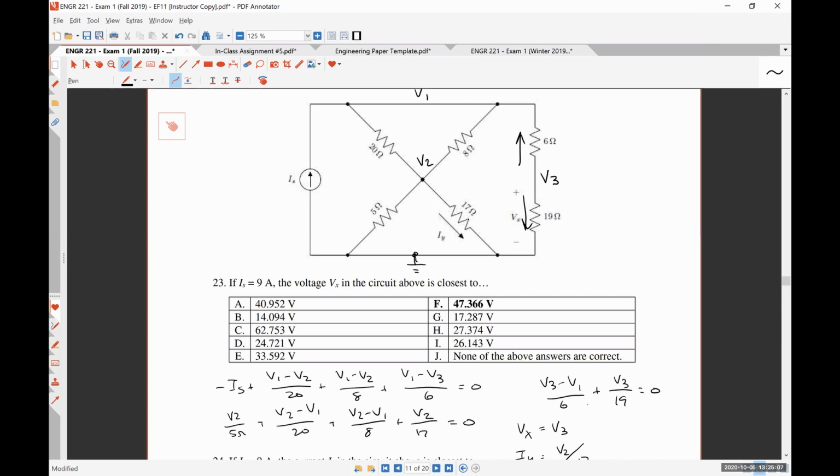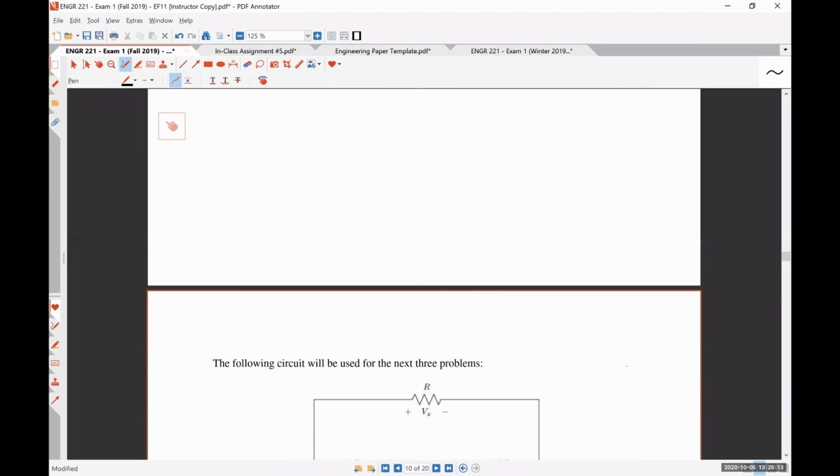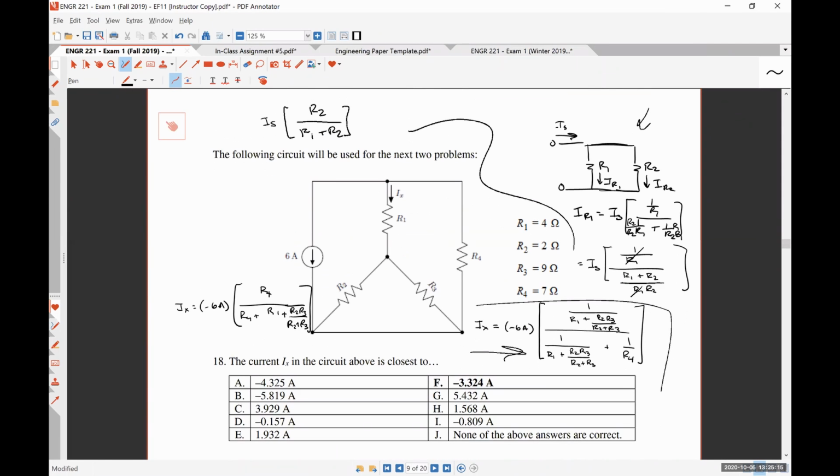I know you're past the question, but on number 18, when you did current division, could you solve it using KCL? Even though it might not be quicker, but could you solve it just another way? So let's see. So we could call this guy node 1, this guy node 2, this guy ground, and do nodal. Yeah, so 2 equations, 2 unknowns.